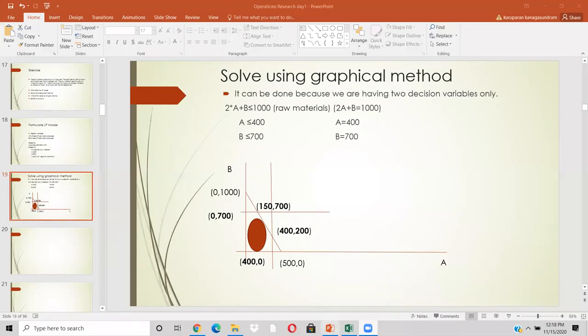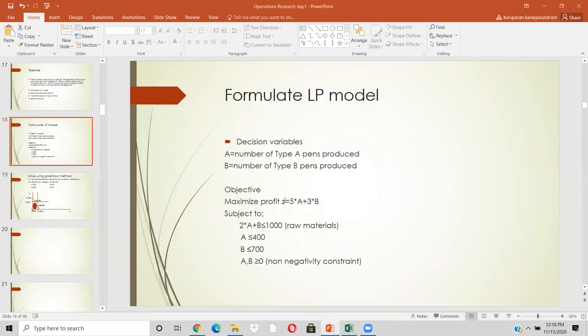Okay, we'll see whether we can draw the objective line or not. How do you draw this one? 5A plus 3B equal to some set value. Do you know the value? We don't know the value. So without knowing that value, drawing the profit, sorry, objective line is impossible.